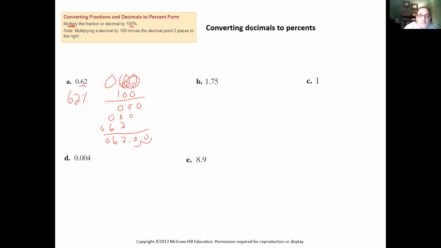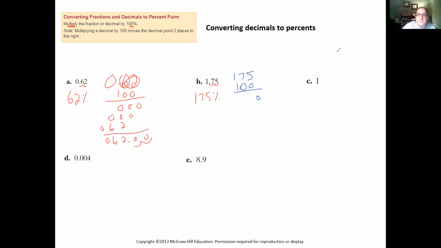So for B, if we move it 2 to the right, we get 175%. Boom. Whereas if we have to do it the other way, you would get 1.75 times 100.